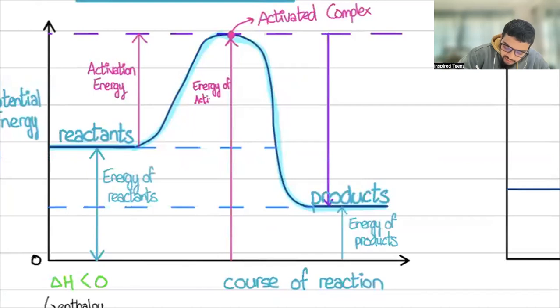It's not the activation energy. The activation energy is from the reactants to the activated complex. And from the bottom, measuring from 0, all the way up to the activated complex, that is known as the energy of the activated complex.